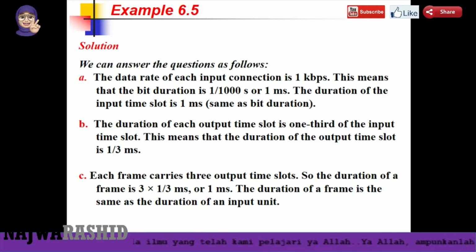So the duration of each output time slot is 1/3 millisecond. For C, each frame carries 3 output time slots. So the duration of a frame is 3 times 1/3, or 1 millisecond. The duration of a frame is the same as the duration of the input unit.